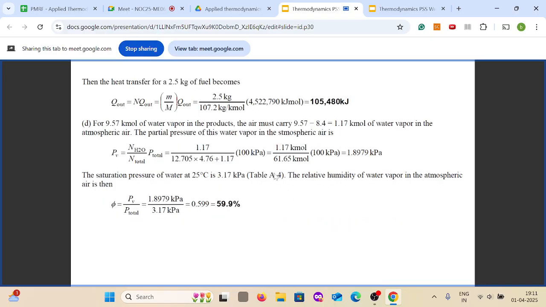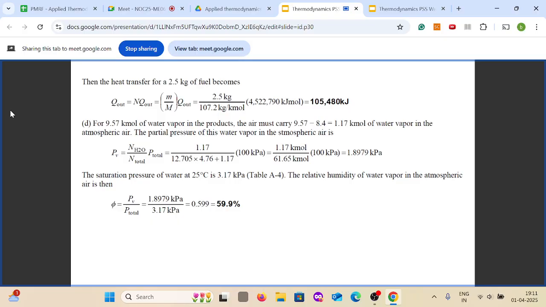The problem states that we have 9.57 kilomole of water vapor, so the remaining water vapor should be present in air. So 9.57 minus 8.4 gives you 1.17 kilomole.